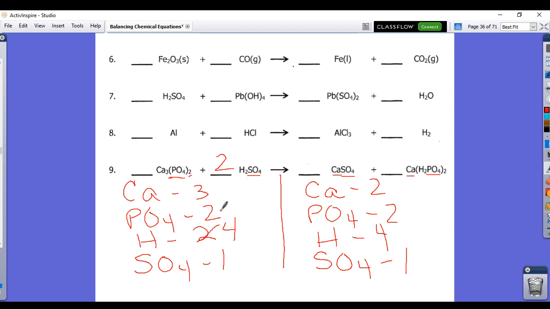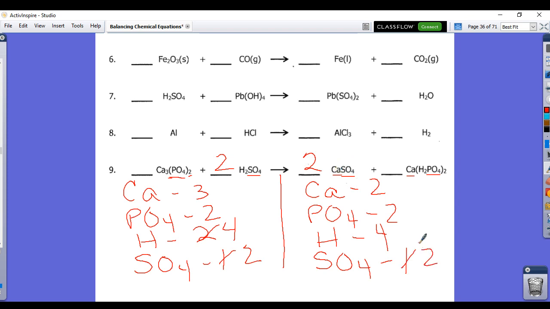But it also makes this SO4 right here 2 SO4s, so I'm going to change that to a 2. Now I'm going to come back over here, and this SO4 needs to be 2. So in order to do that, I put a 2 in front of that. So now this SO4 right here is 2.